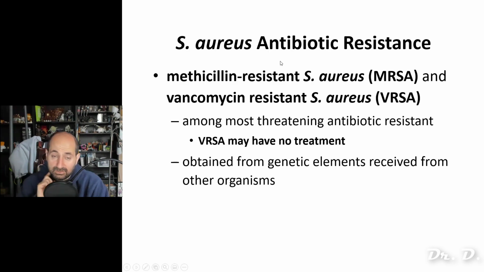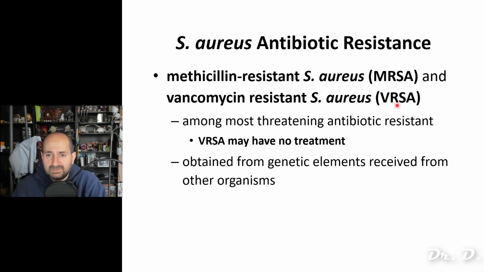Okay, and now to make things even worse, we're finding more and more cases of resistant Staph aureus, antibiotic resistant Staph aureus. In the medical setting, you will come to learn about methicillin resistant Staph aureus, also known as MRSA, vancomycin resistant Staph aureus, known as VRSA.